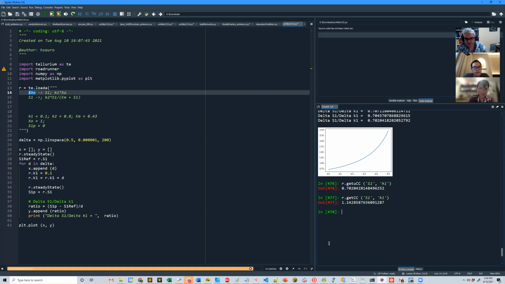The scaled one also has a nice interpretation. So ds1 dk1 times k1 divided by s1 is equivalent to ds1 over s1 divided by dk1 over k1. I'm just rearranging it, that's all.